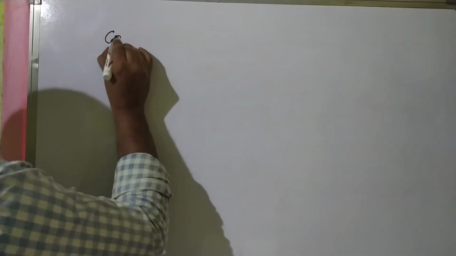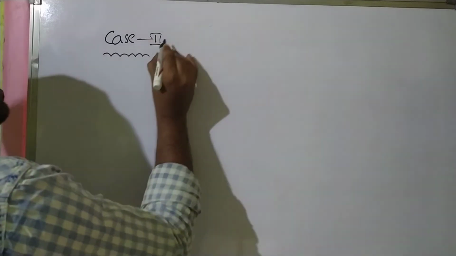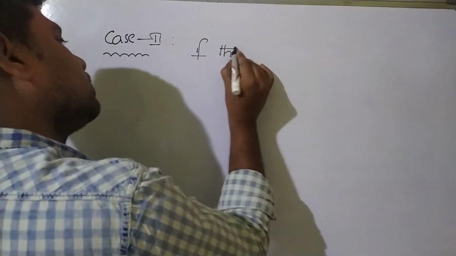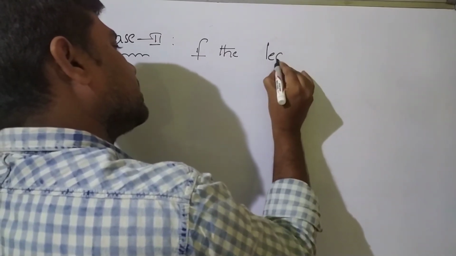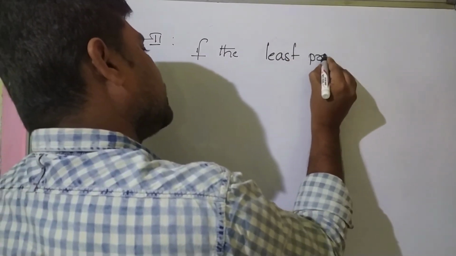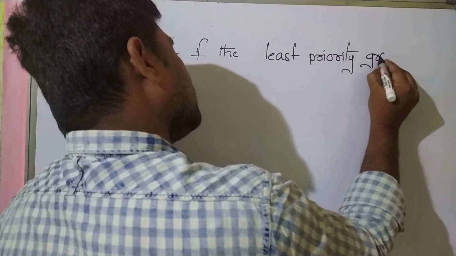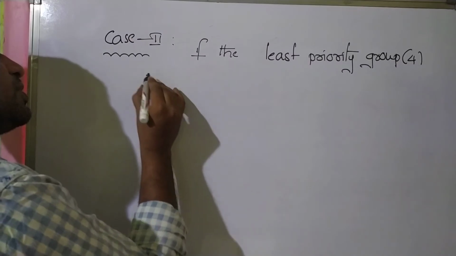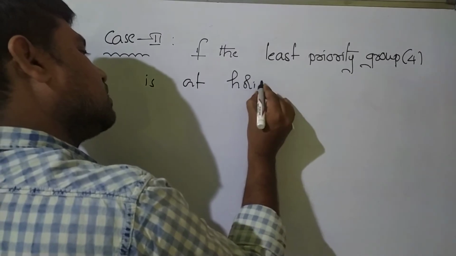Next. Now students, very important, the second case. Case 2. This is again very important, and very easy also. If the fourth priority group, means the least priority group, is at horizontal position.